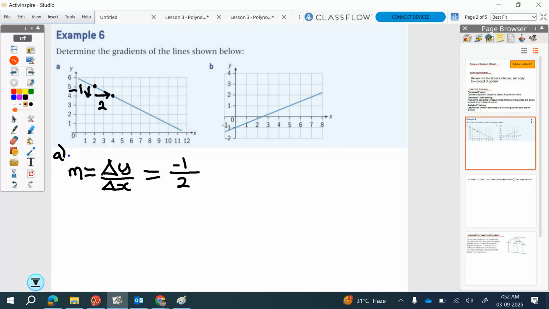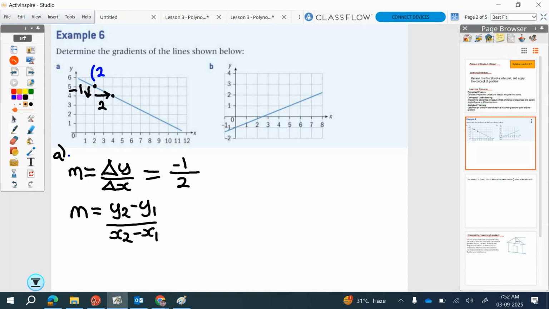An alternative to this method is a more detailed method, where we say that the gradient is equal to y2 minus y1 over x2 minus x1. For this method we have to read off a couple of coordinate points. The process is similar. We just need to find the coordinates of these points.